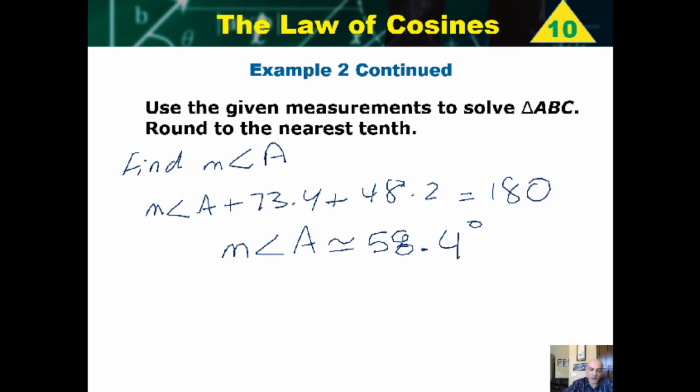The law of sine is used for something else. It's used for AAS and ASA and the ambiguous case SSA, which we did not talk about today. So we focused on the law of cosine today, two cases: SAS, side angle side, and the second case was SSS, side side side.